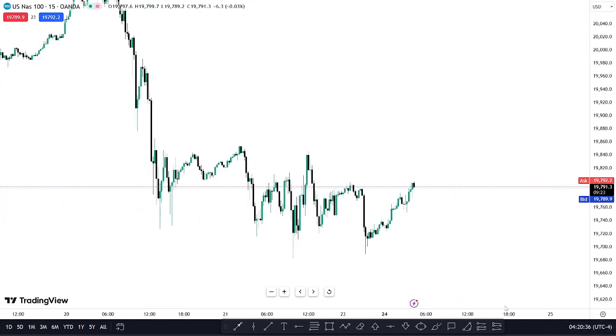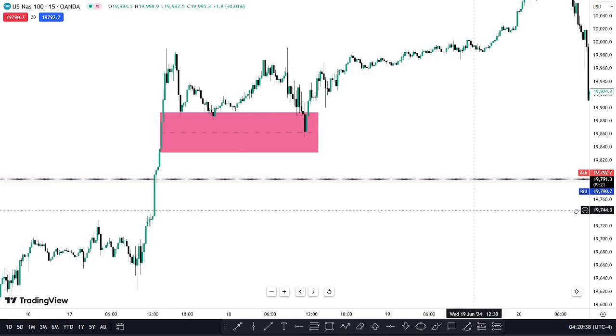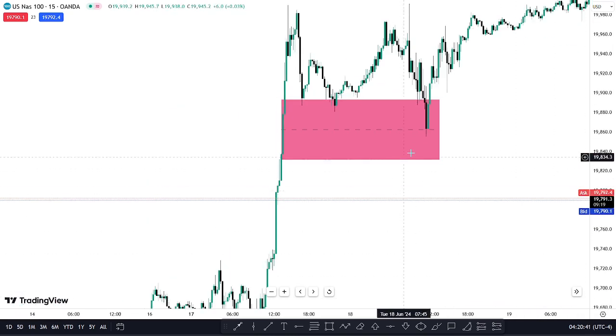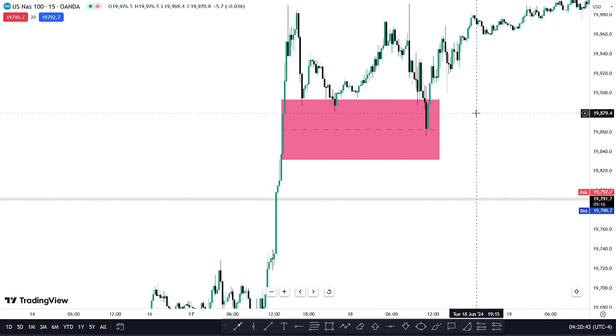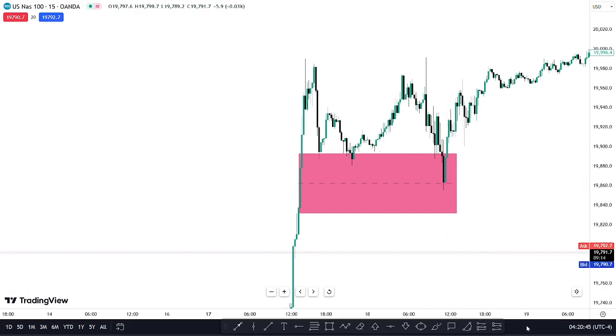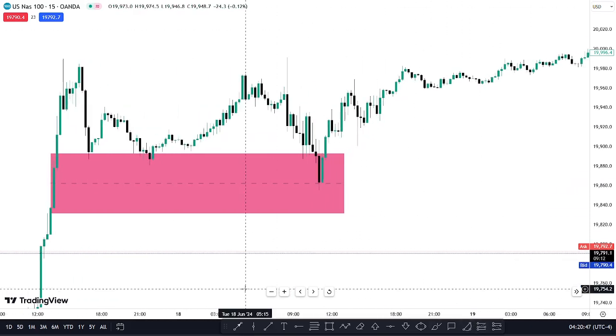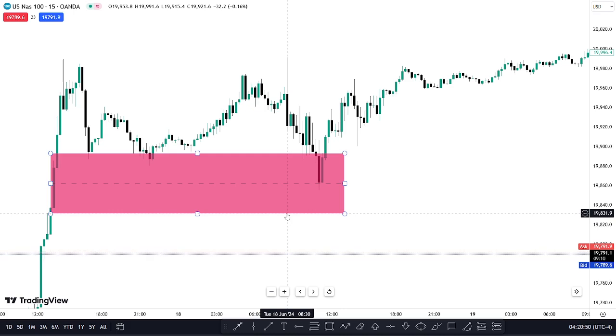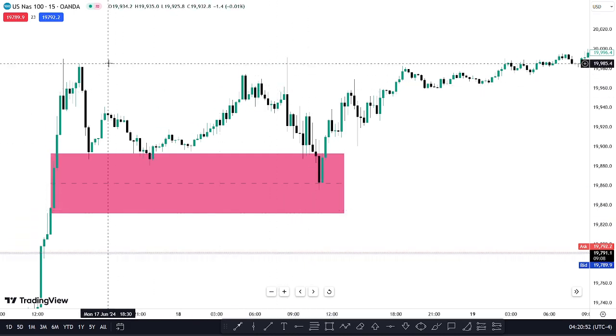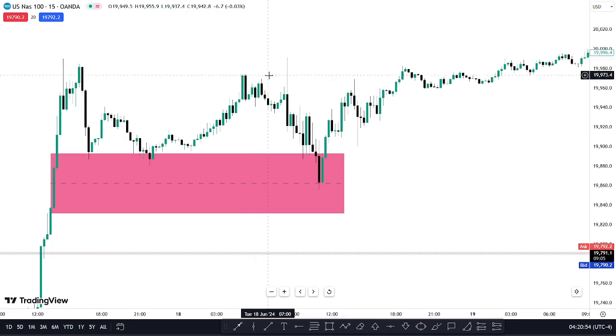You can also buy after tapping into that, if you still have time, but here the sell was your way of coming in. So on 15 minutes, we can see taking out the liquidity right here.